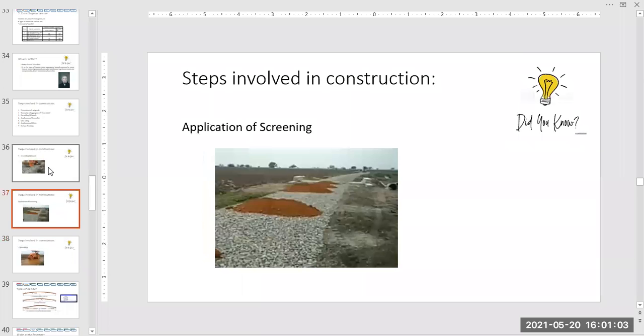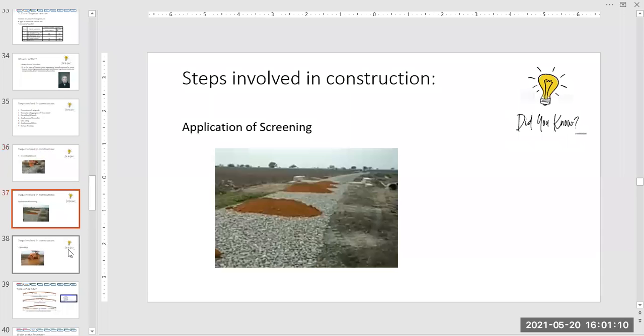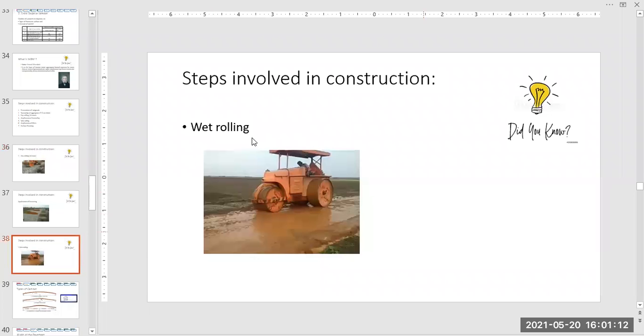So actually, I just want to show you what exactly the process is in these types of construction. These types of roads are called macadam roads, and since the top is incorporated with water, we call it water bound macadam.